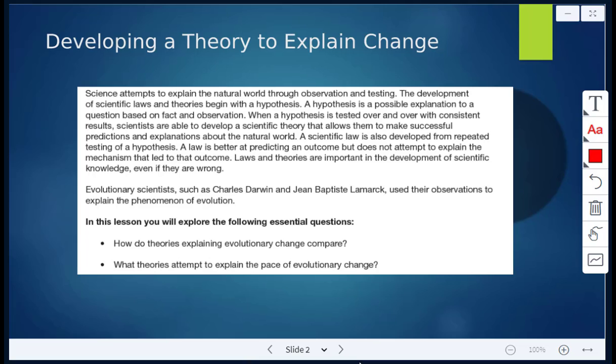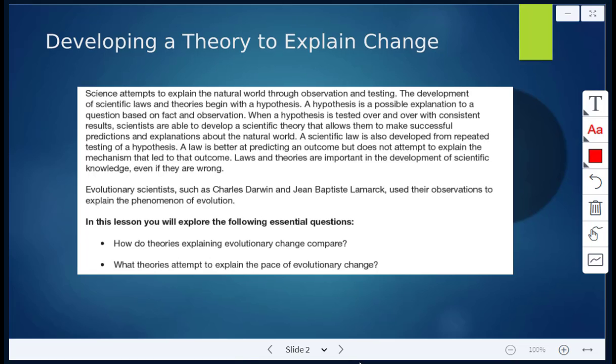A scientific law is also developed from repeated testing of a hypothesis. And a law is better at predicting an outcome, but doesn't attempt to explain the mechanism that led to the outcome. So laws and theories are very important in the development of scientific knowledge, even if they are wrong.